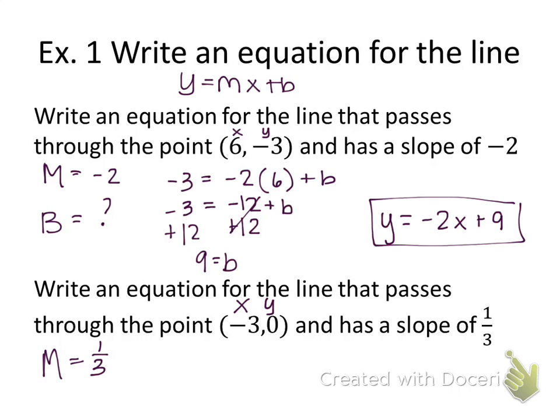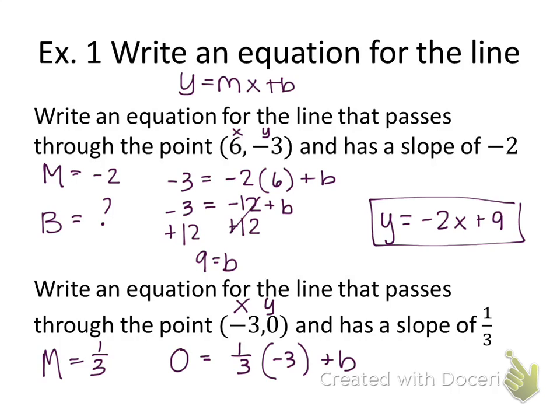I know my formula is y equals mx plus b, so I say y, which is 0, equals m, which is 1/3, times x, which is -3, plus b. What is 1/3 times -3? -1. Very good.